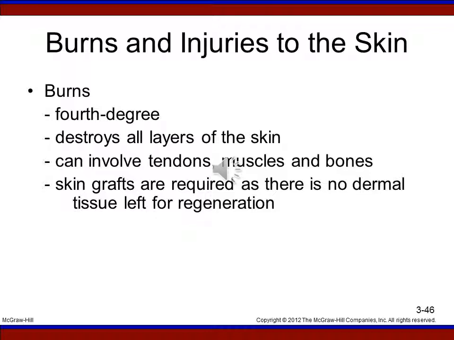We see it there: skin, bone, muscles, and tendons. And then burn injuries to lungs from heat or smoke cause 60% of burn fatalities. Alright, so they will have to have skin grafts, okay, because there is no dermal tissue left for regeneration. Fourth-degree burns are a bad situation.